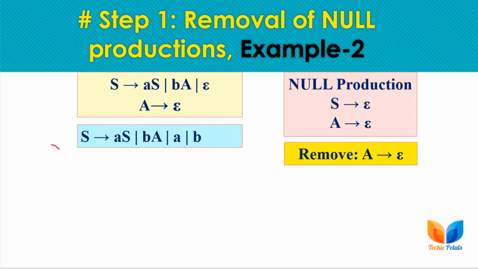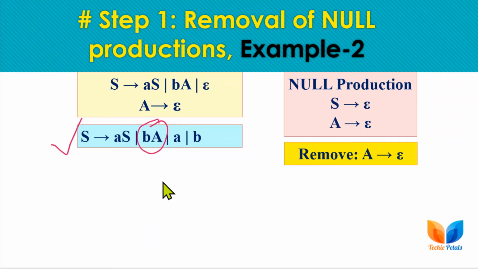And now again simplifying the grammar, we can see that this symbol, as we have no terminating production rule for A non-terminal, this production rule is not going to be terminated with any string. So we can say that this production rule is useless here.